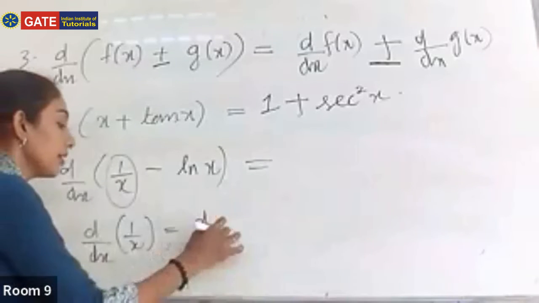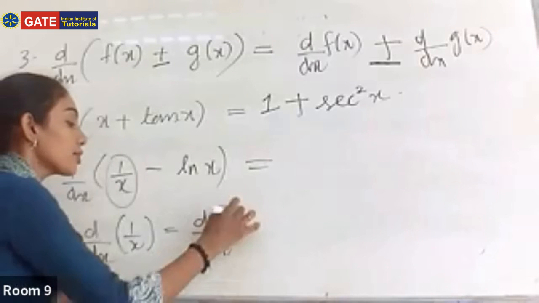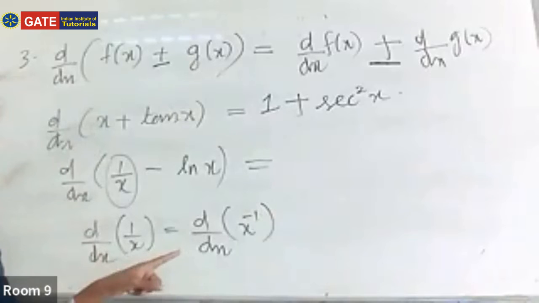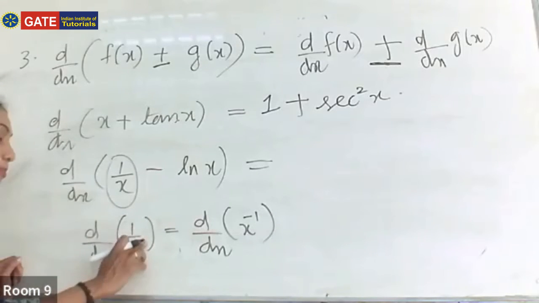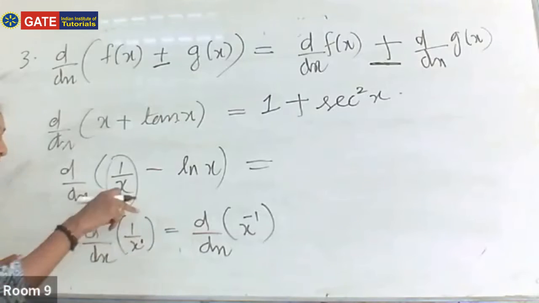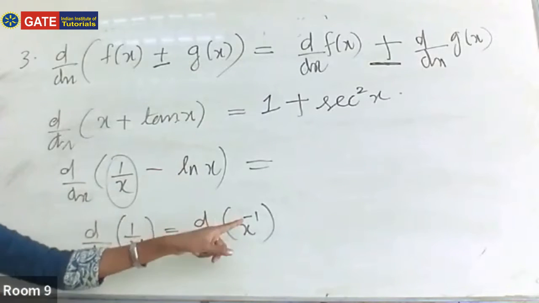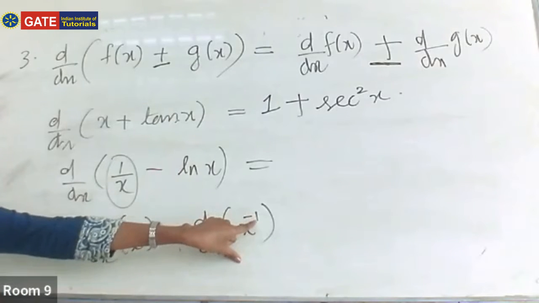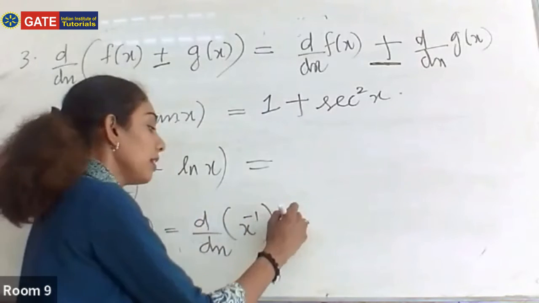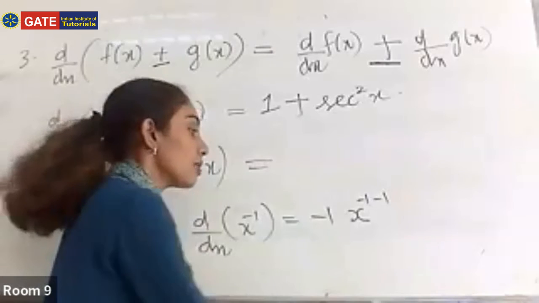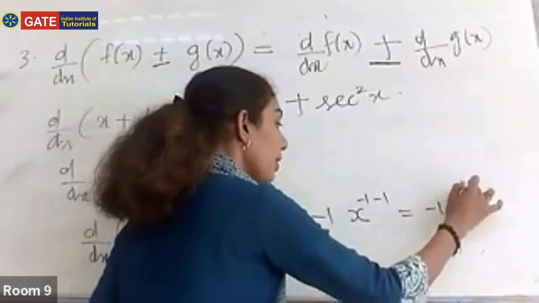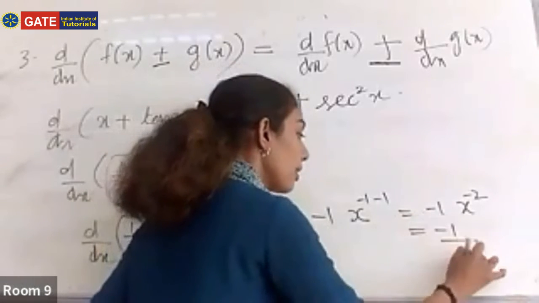It is x to the power minus 1, because x is coming in the denominator. Here it is power 1, but if you take it to the numerator, it will be minus 1. Now you put n equal to minus 1, then by that formula n x to the power n minus 1, this is minus 1 x to the power minus 2, or minus 1 by x square.